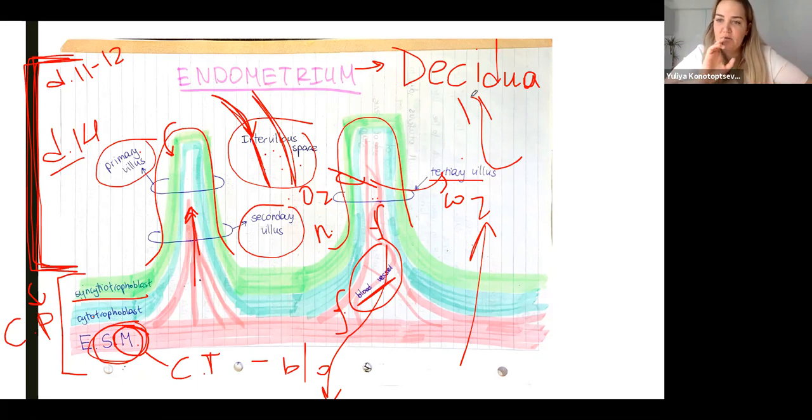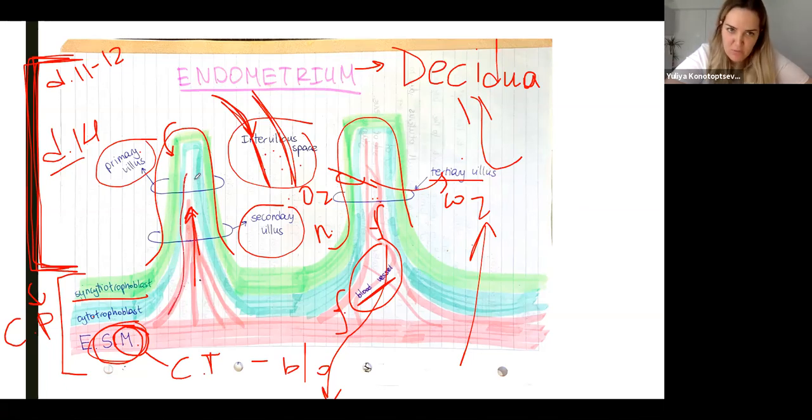Okay, Sabina, you had a question. Yes, in tertiary villus, do you have mesoderm? It means that there is no mesoderm, there are just blood vessels because mesoderm became it, no? But it didn't just become blood vessel, it also became connective tissue because that's what we're talking about, right?